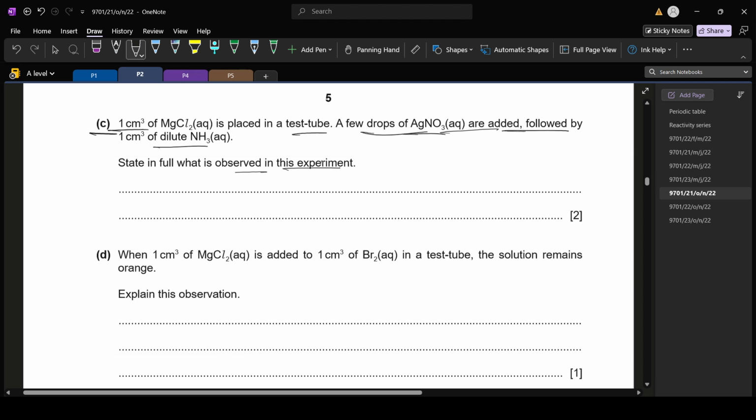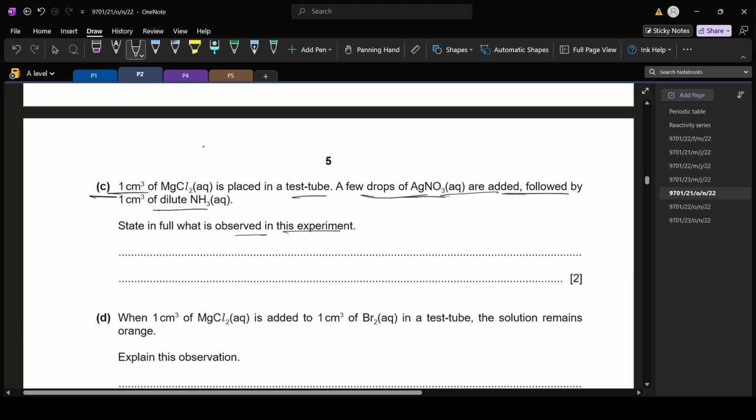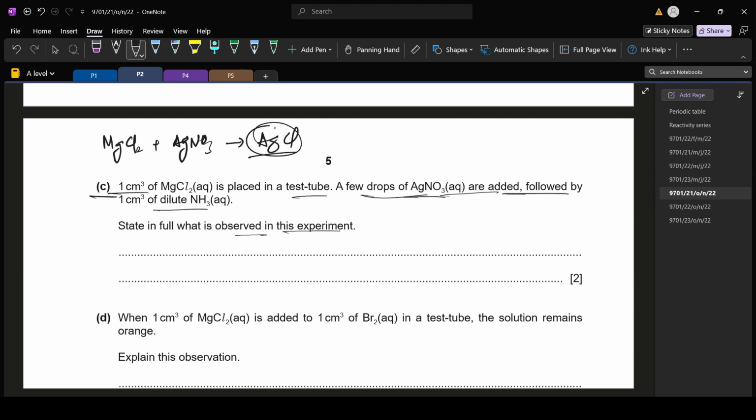Firstly, a white precipitate will form when you add the few drops of silver nitrate, because magnesium chloride will react with silver nitrate to form AgCl, which will give a white PPT.